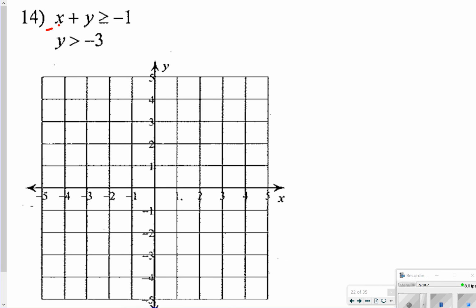For number 14, again it'd be helpful to write this first one into slope-intercept form. So we get y is greater than or equal to negative x minus 1. So that'd be negative 1 and then a fall 1, run 1. So you're going down here. Since it's greater than or equal to, it will be a solid line, and we will shade everything above the line.